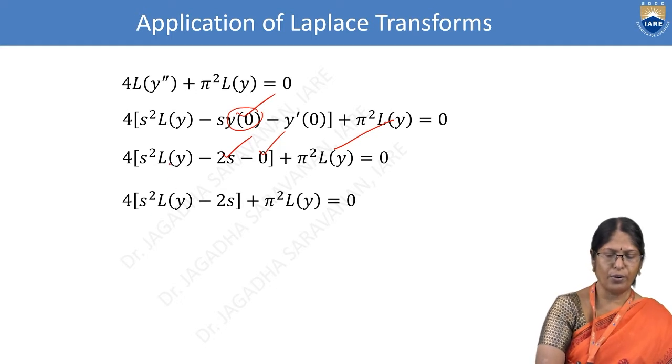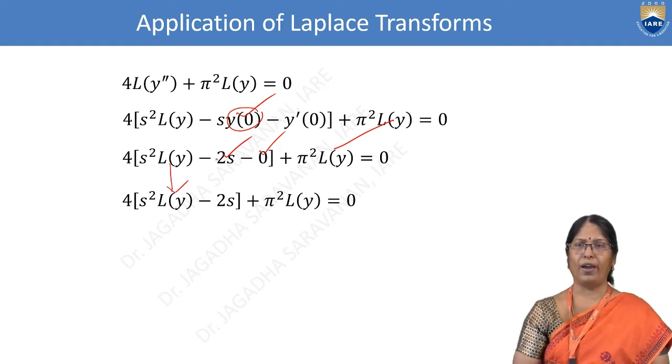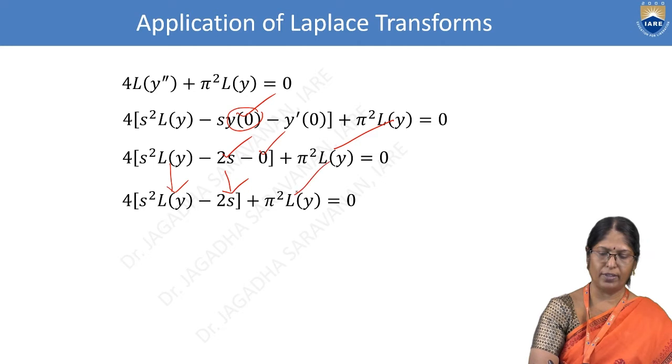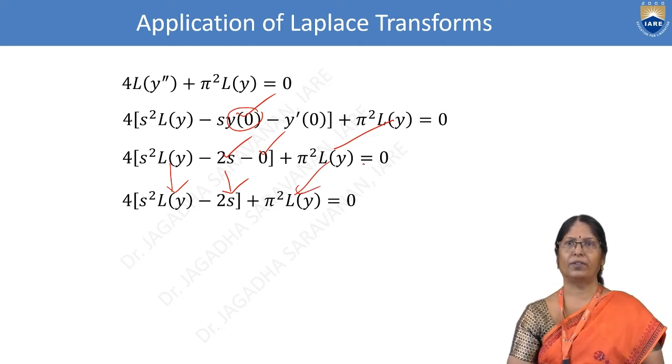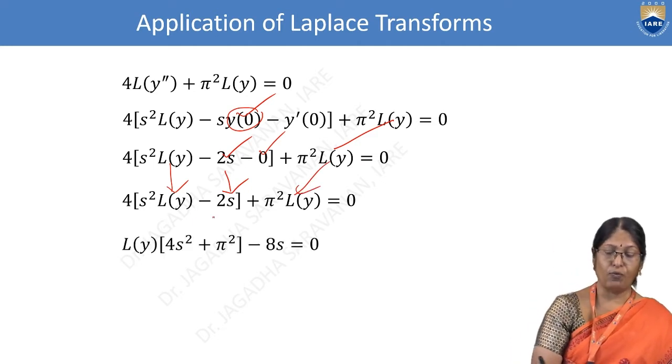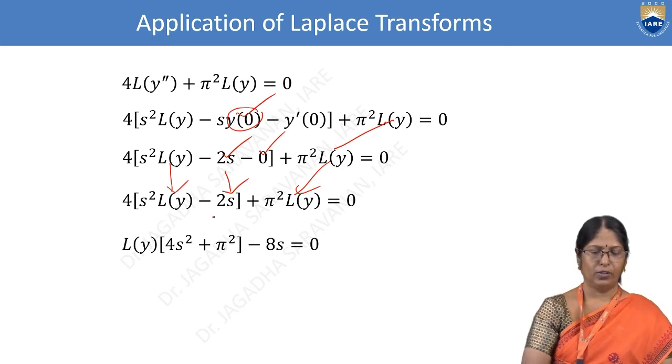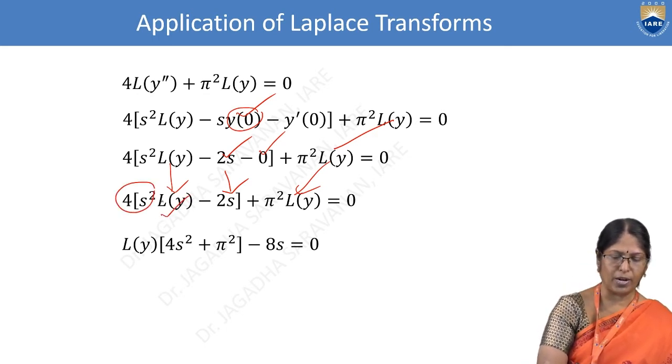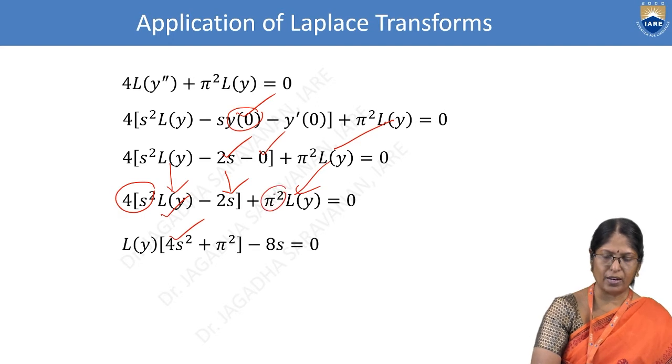Now this is pi square L of y equal to 0. Now 4 into s square L of y minus 2s, written as it is. So we are grouping L of y: here the L of y part, and here L of y with pi square.